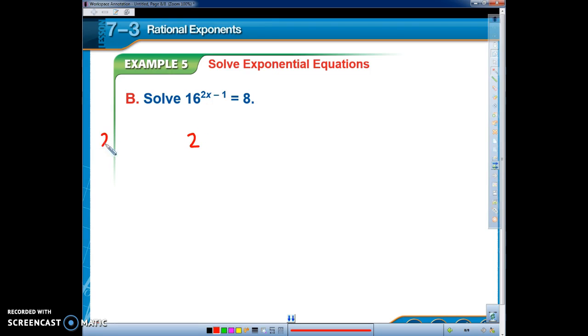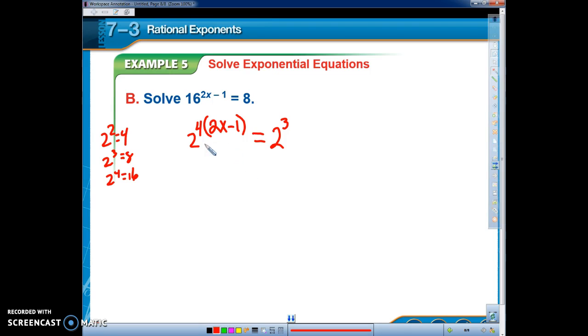Well, 2 squared is 4, 2 cubed is 8, 2 to the fourth is 16. So 2 to the fourth is equal to 16. But then I've got this 2x minus 1, and I'm just going to keep that group together, 2x minus 1. And that's going to equal 2 to the third power.